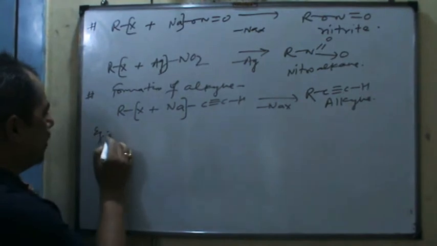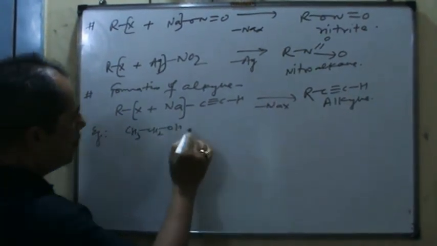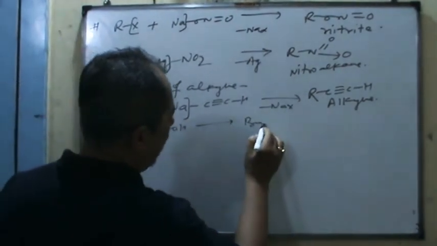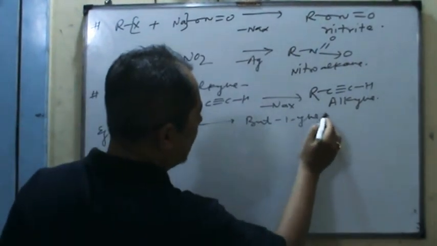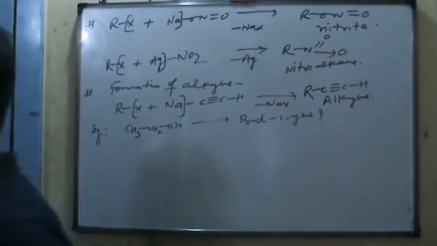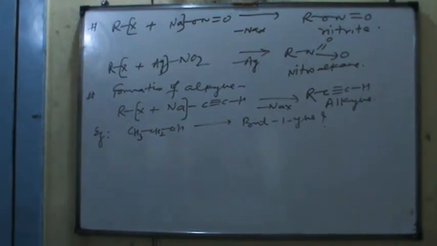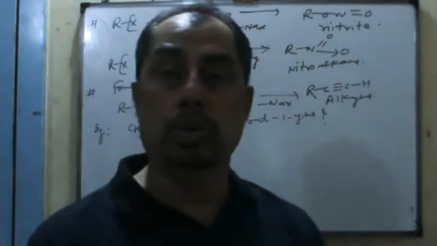If I give you a conversion, ethanol to but-1-yne, how do you get it, anyone? If my question is ethanol to but-1-yne, anybody can suggest any method how to get the conversion?